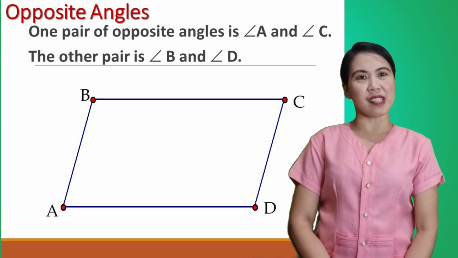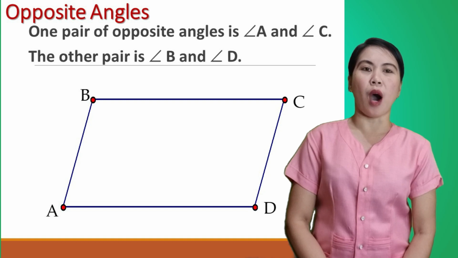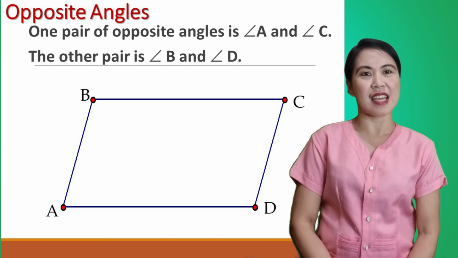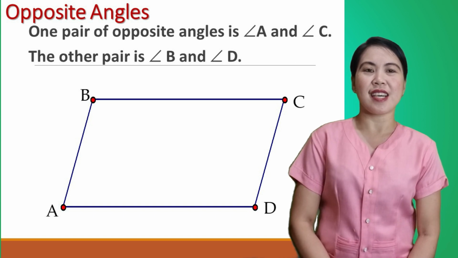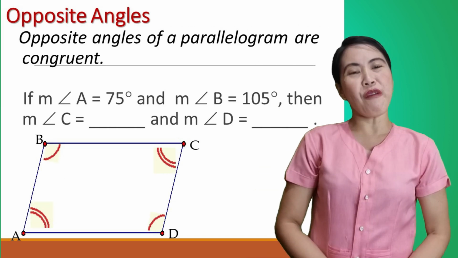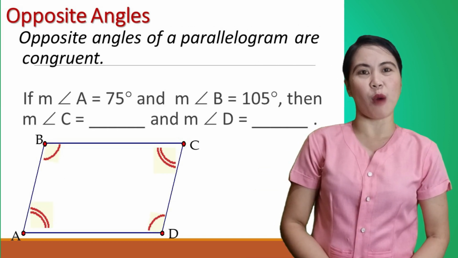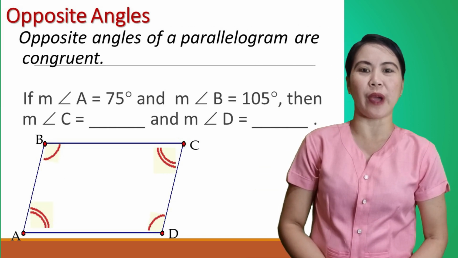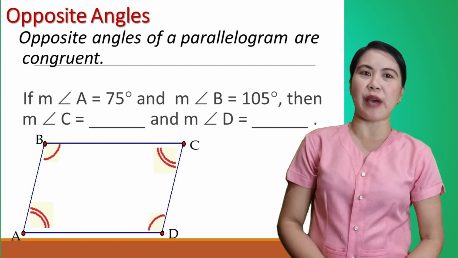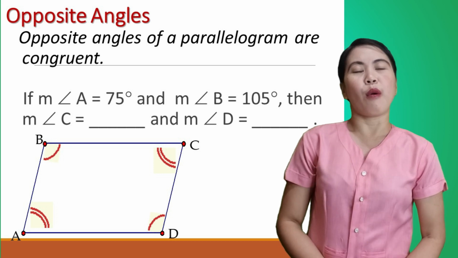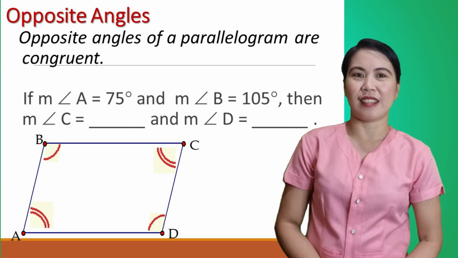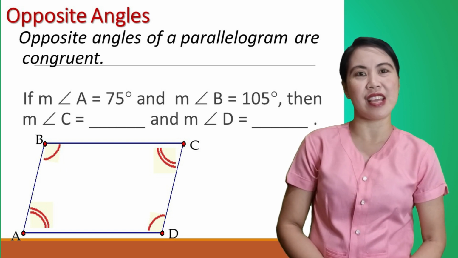Looking at this, one pair of opposite angles is angle A and angle C. The other one is angle B and angle D. If opposite angles of a parallelogram are congruent, and the measure of angle A is 75 degrees, what do you think is the measure of angle C? Correct, that is 75 degrees.